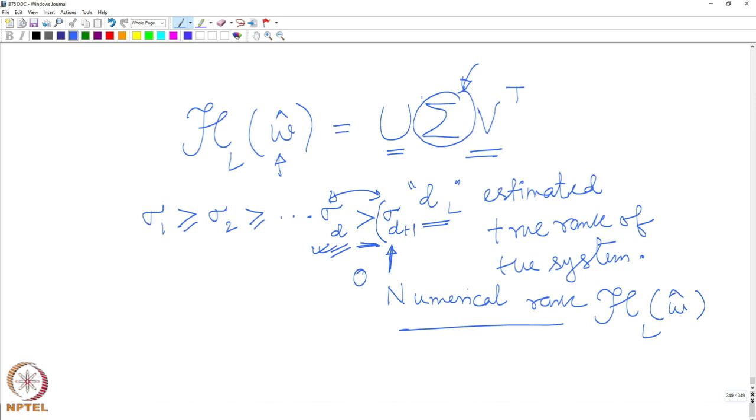All right. So without worrying too much about how we get this estimated rank, suppose I know that DL is the estimated true rank of the matrix.